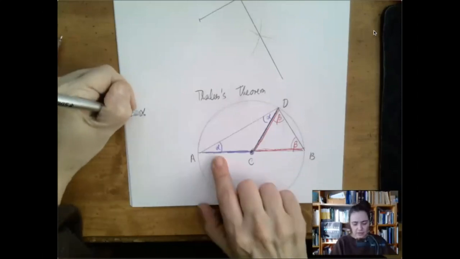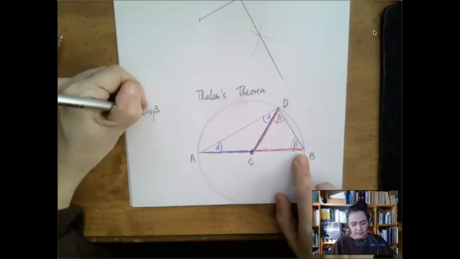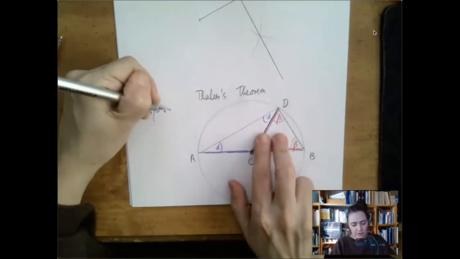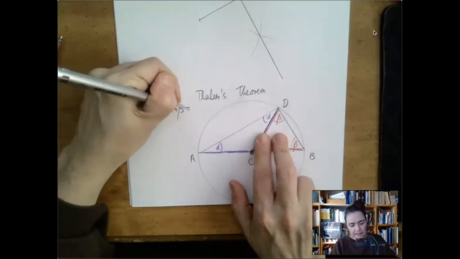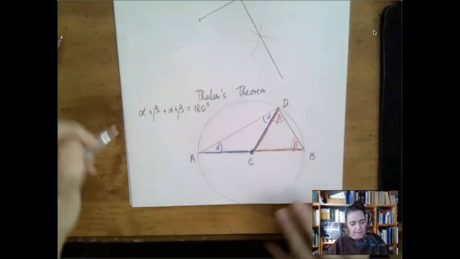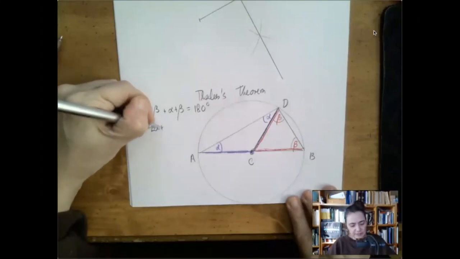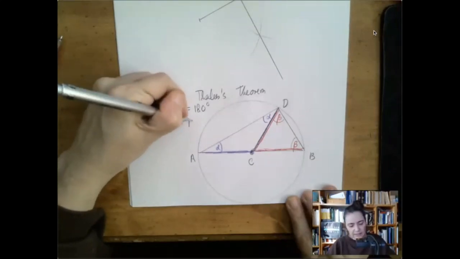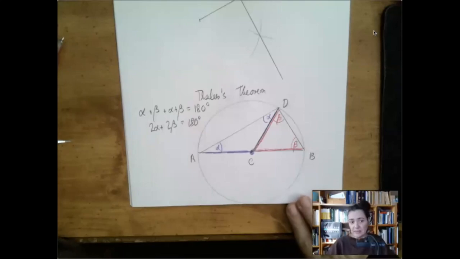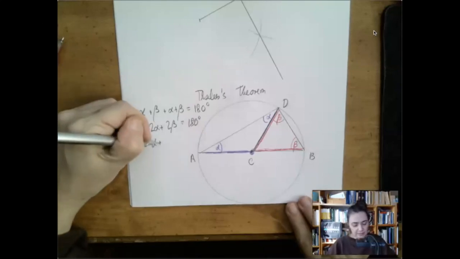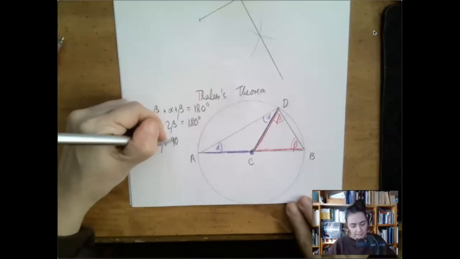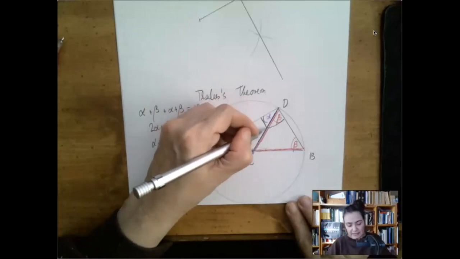The first angle is alpha, the second one is beta, and the third one is alpha plus beta, and that all adds up to 180. And then if you look at the left-hand side, we just have twice alpha plus twice beta is 180, which means that when we divide by 2, we get alpha plus beta equals 90, which means this angle here is right.